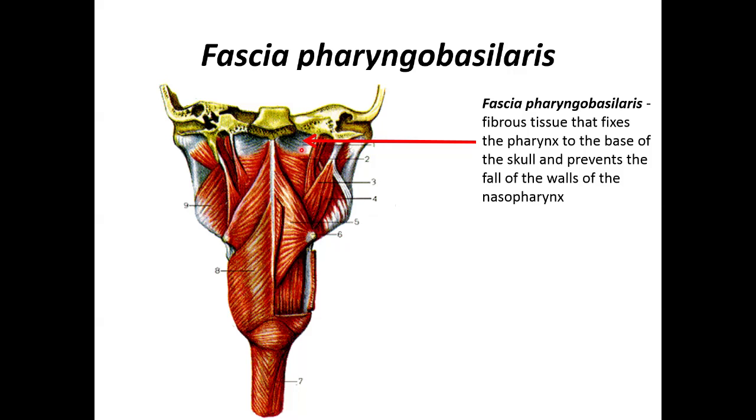So I recommend you, when you prepare to the next issue, you shall find the features of the structure of the wall in this organ. Features of the wall structure in pharynx is fascia pharyngobasilaris, which prevents the fall of the walls of the pharynx, especially during the process of sleeping.